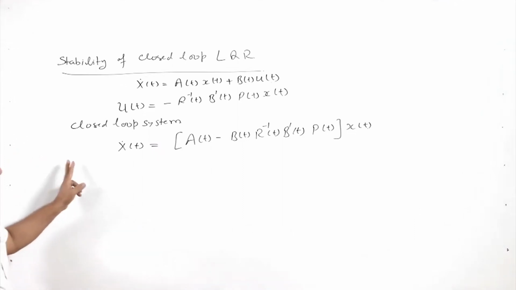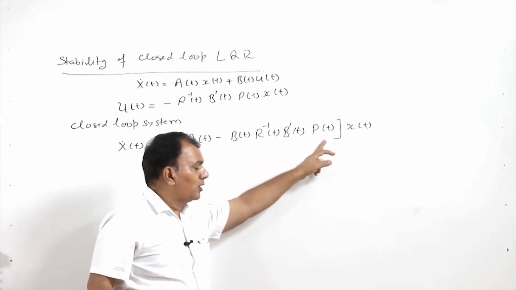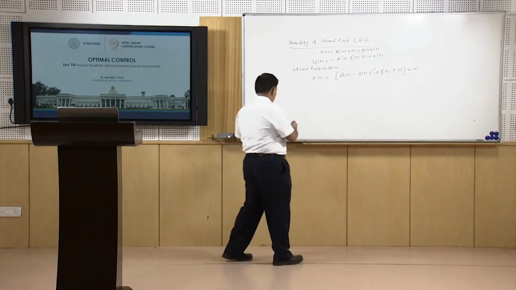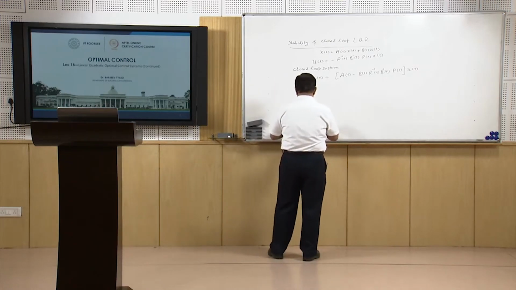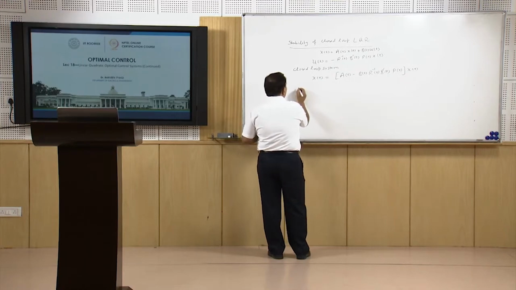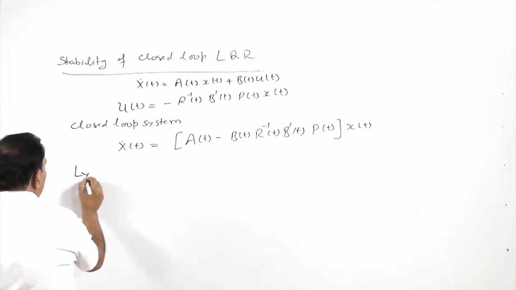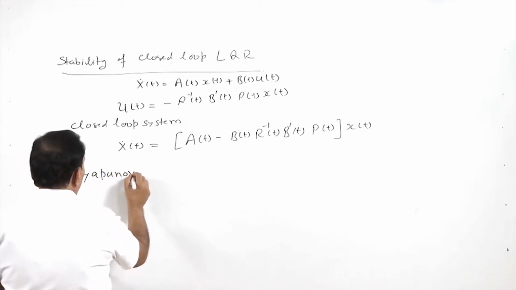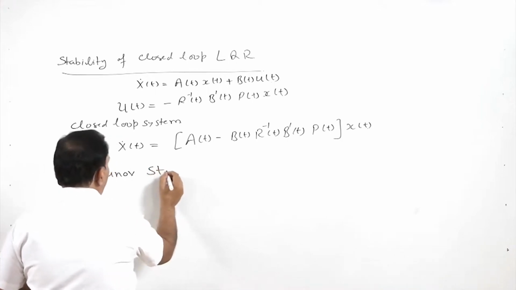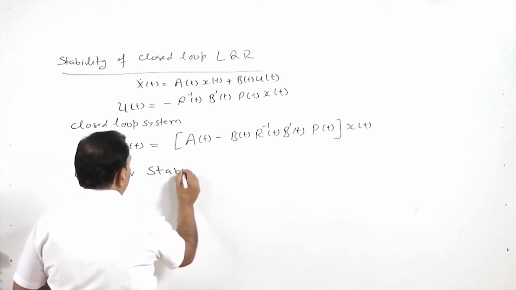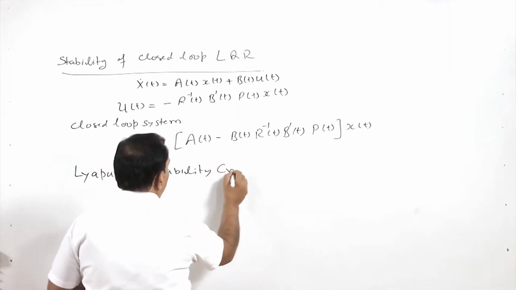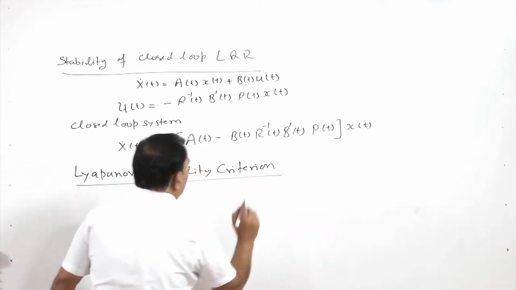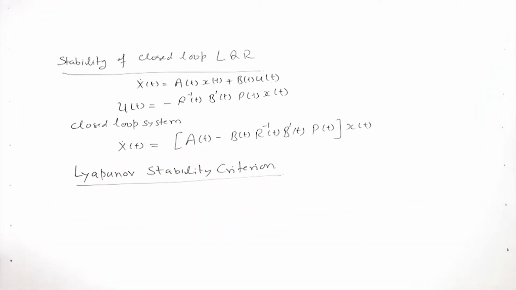So, we have to show that my closed loop system is a stable system. What is my Lyapunov stability criterion? We will prove this using the Lyapunov stability criterion.